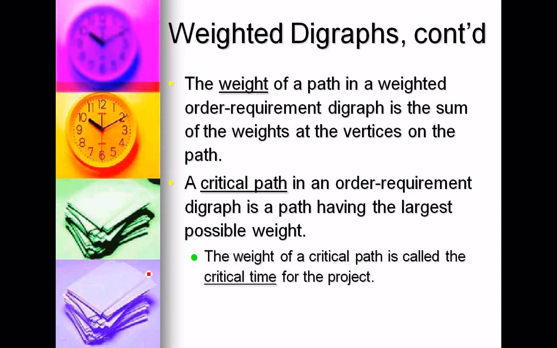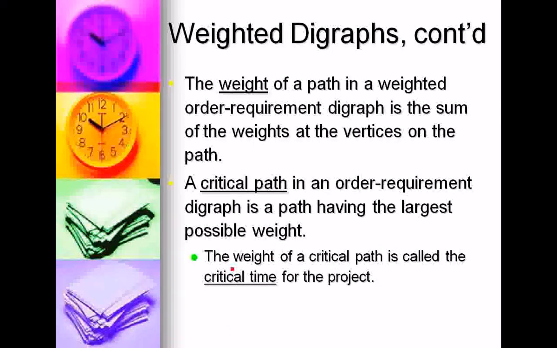A critical path, now this one is a little bit tricky. Critical path is the path that has the largest possible weight. But it is also the path that tells us what the shortest completion time is. So critical path has the largest possible weight, however it tells us what the shortest completion time is for our project.